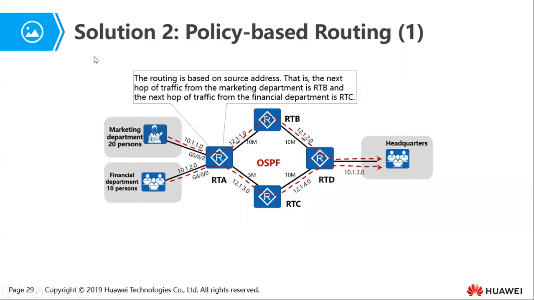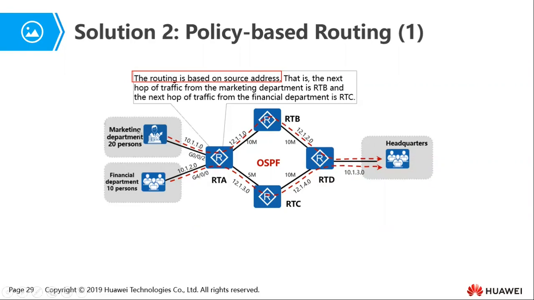With policy-based routing, the routing is based on the source address. That is, the next hop of traffic from the marketing department is RTB, and the next hop of traffic from the finance department is RTC.